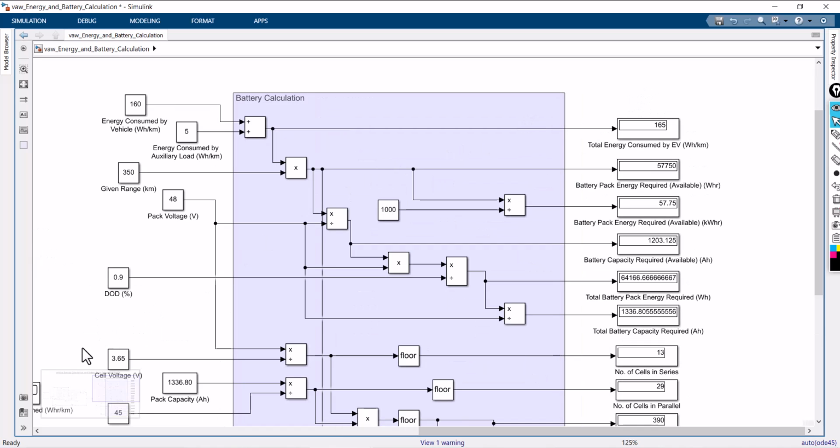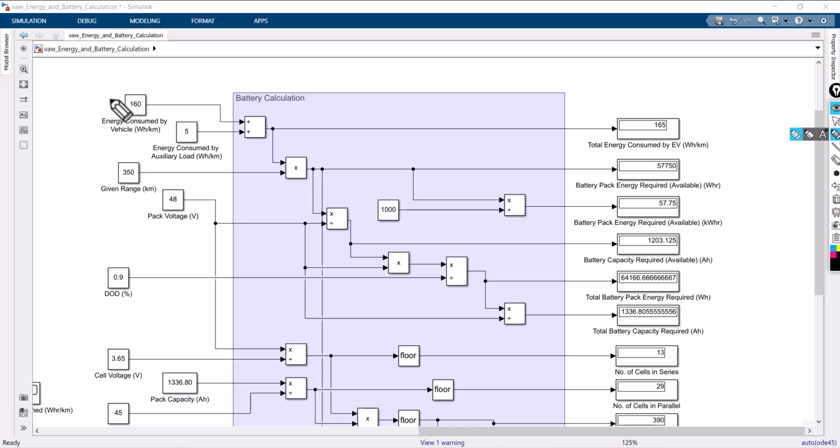I'm explaining step by step. The energy consumed by the vehicle is 160 watt hour per kilometer. The energy consumed by the auxiliary load is 5 watt hour per kilometer. First, I need to calculate the total energy consumed by the EV. Add it, and it will give you that. Then I have to calculate the battery pack energy. How to calculate the available battery pack energy?